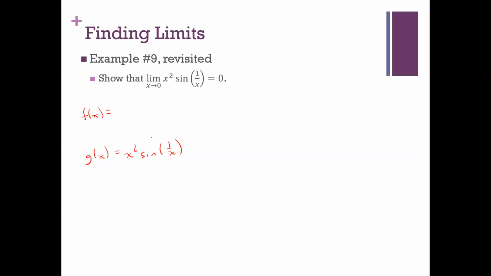So here's what I'm going to do here. I know that, no matter what value of x I'm dealing with, the least that sine of that number can be is -1. So I'm going to call this function -1 times x squared. I'm going to call this function, what's the greatest thing sine can be? Just 1, right?